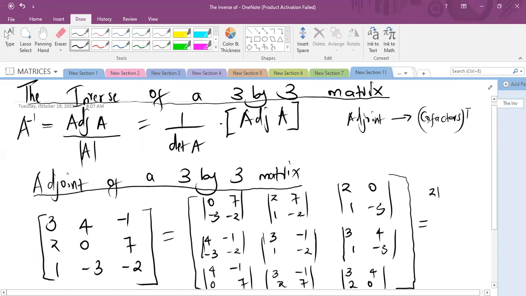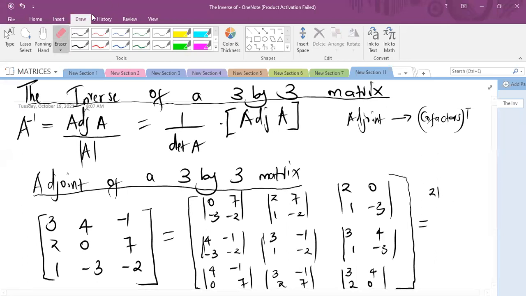And here we have minus 4 minus 7, so that will give us minus 11. And here we have minus 6 minus 0, so that will give us minus 6.